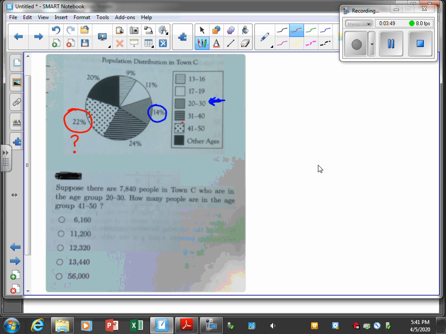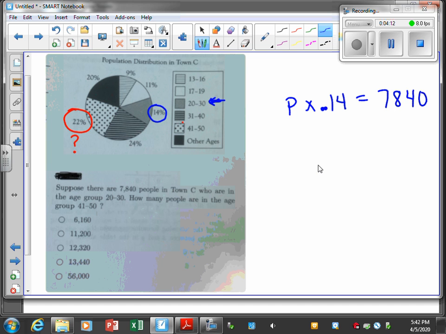So if we say P for people, the total people times 14%, which if you write 14% as a decimal, you write it as 0.14, and you multiply that out, that's supposed to equal 7,840.